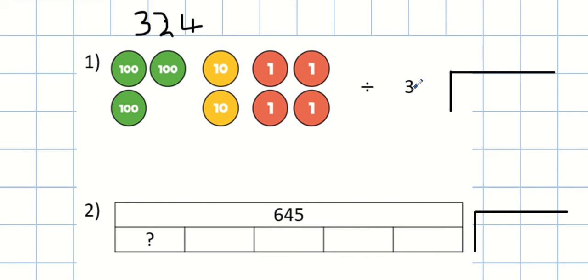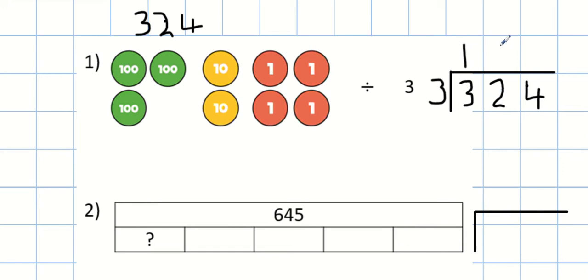Now, a really good way to do this is to use bus stop. So I'm going to put my 3, because that's the number I'm dividing by, on the side of my bus stop, and then I'm going to put the number I'm dividing, 324, in the middle. The way to do this is to work out how many 3s go into each number. How many 3s go into 3? Well, that's 1. Then how many 3s go into 2?